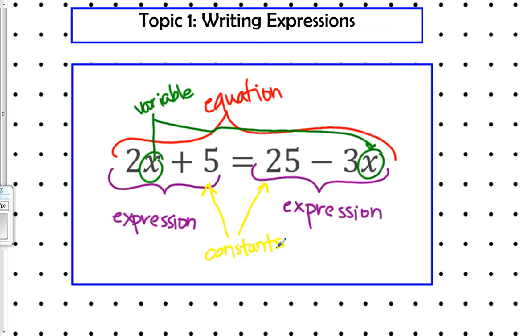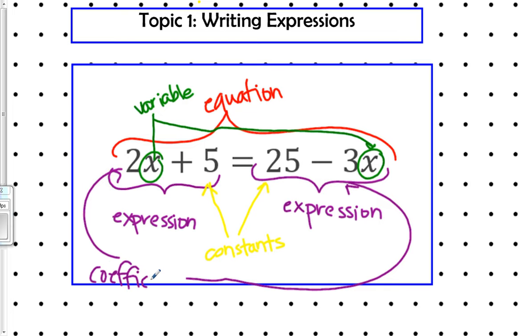And let's see, I'm running out of colors. This 2 and this negative 3, notice I said negative 3, are both the coefficients. Probably the one word that is kind of weird to us right now, coefficients. The coefficient is just the number that's being multiplied by the variable. So in this case, it was a 2 and a negative 3. Notice I'm saying negative 3. Okay, so it's just a few little parts of an expression slash equation that we kind of need to get out of the way before we can continue.